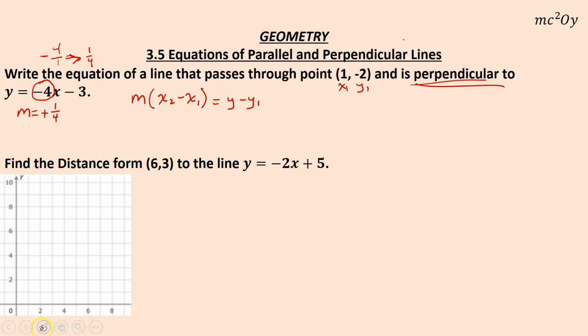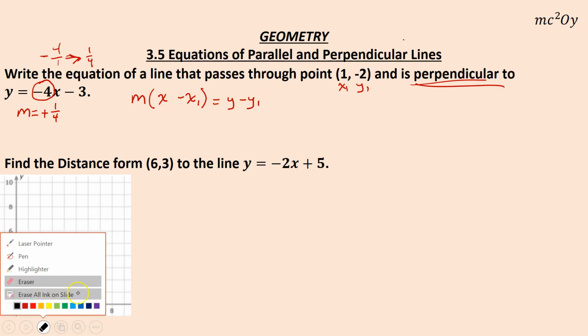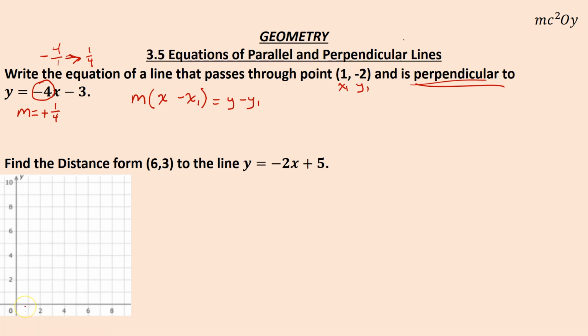And you know what? I accidentally put that 2 in there. We don't have that 2 because we only have 1 point. All right. So that being said, our slope is 1/4. Our x1, there we go, is -1 and equals y minus -2.